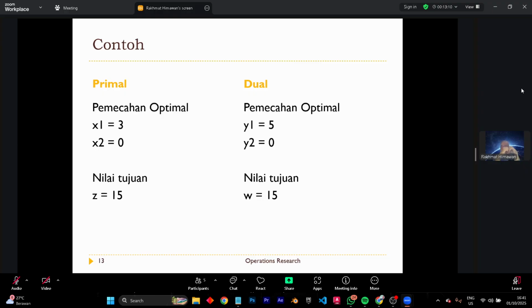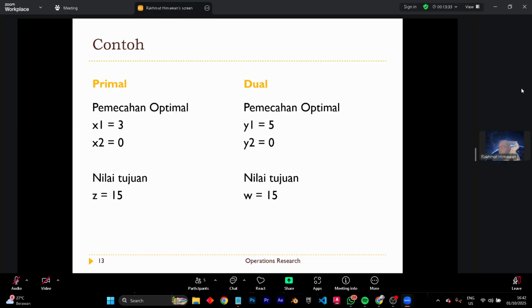Then the mathematicians behind operational research tried to find a way around it. They found out that every primal has a dual, what we call the dual. And when they tried to solve the dual, its objective function is actually the same.